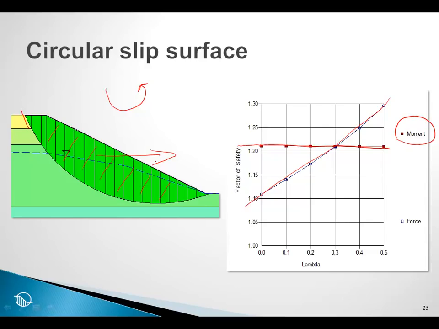And this is why the Bishop factor of safety for circular slip surfaces is often very, very close to a Spencer or Morgenstern-Price method, again, if the trial slip surface is circular. The Janbu simplified is different because it depends on the interslice shear and satisfies only force equilibrium.